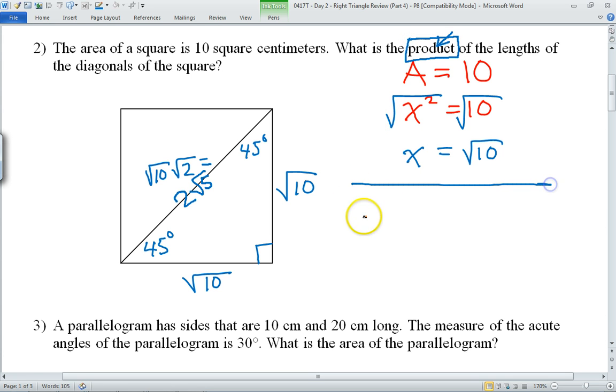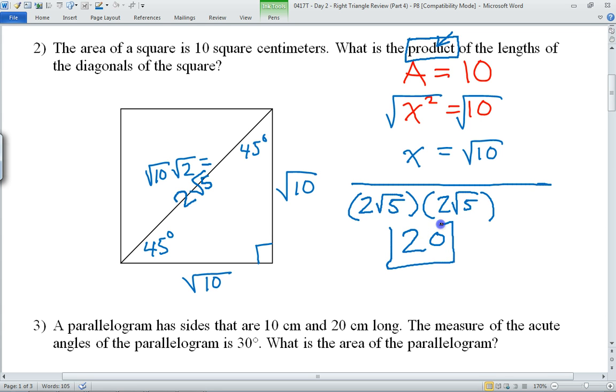So, the product of the diagonals, well, each diagonal is 2 radical 5. So the product will be 2 radical 5 times 2 radical 5. If you put that into your calculator, you're going to get 20. So that is the product of the diagonals.